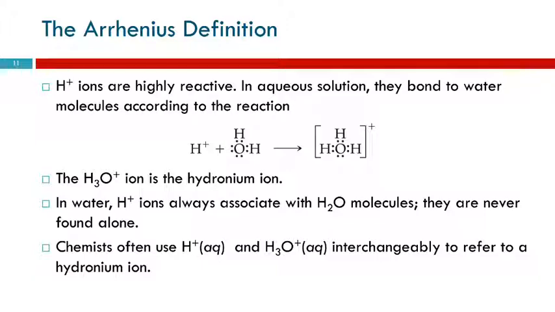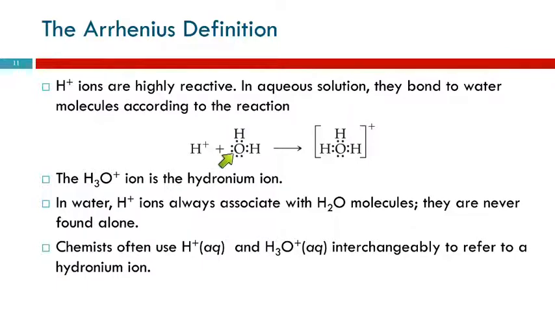So this is occurring in aqueous solution. There are water molecules everywhere. So this hydrogen ion, this proton, does not like being off by itself. So it is going to react with a water molecule. The water molecule has two lone pairs here. This hydrogen is seeking a duet of electrons. It has none.